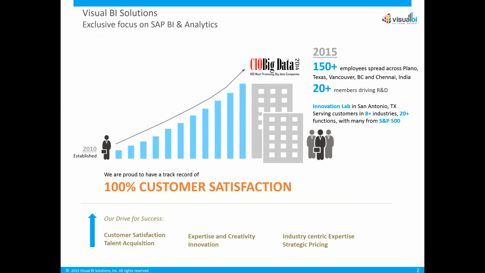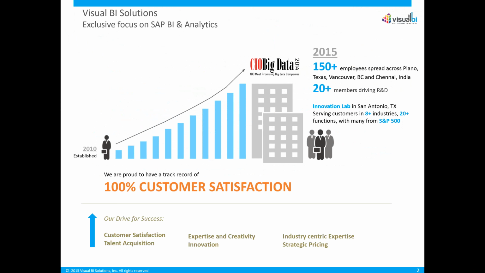Visual BI is a very young company. As you can see, the company was established in 2010, so it's a 5-year-old company, and we are about 150 people around the world with offices in Canada, the US, and India. We have two main focus areas.